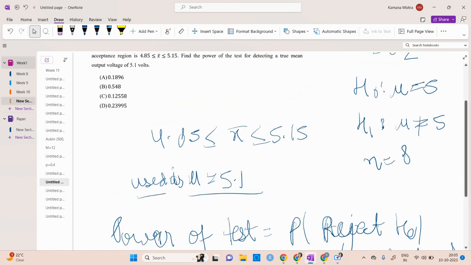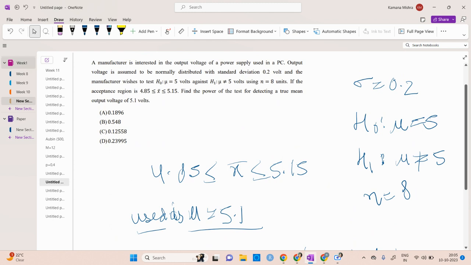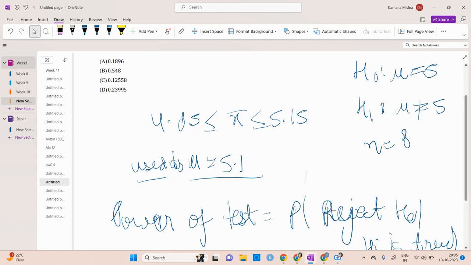So when do we reject? When x is less than 4.85 or x is greater than 5.15, right?